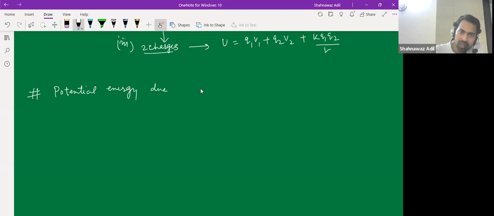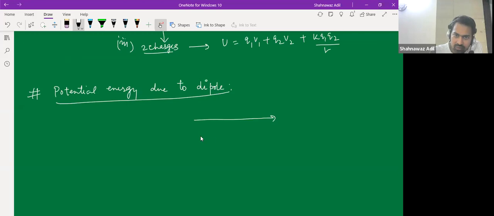due to a dipole. So we have a dipole in the presence of an electric field, right? Let's say this was initially here, at theta one, and then we bring it to this point, theta two.